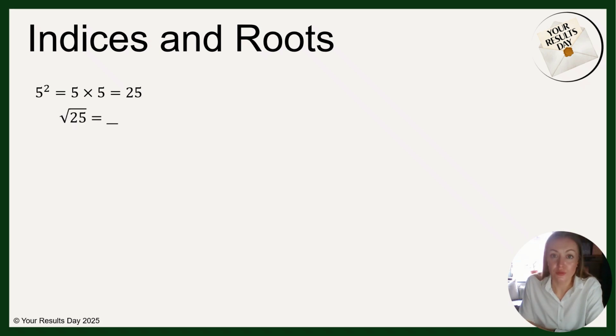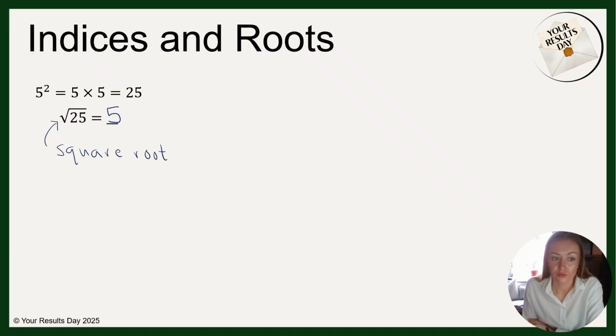The square root is the exact opposite. So if we say that 5 squared is 25, we're looking at how to get back from the 25 to the number we squared in the first place. And the number we squared to get to 25 was 5. So squaring and square rooting, and that's what this is, we would pronounce that as square root. Let me write that down.